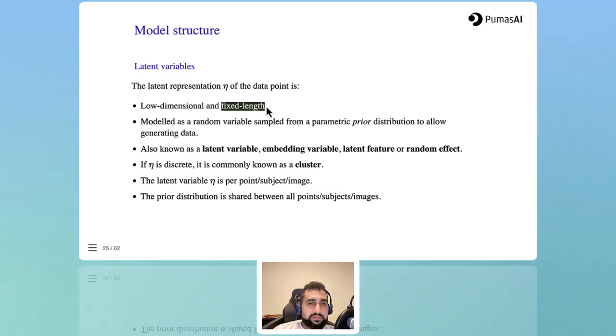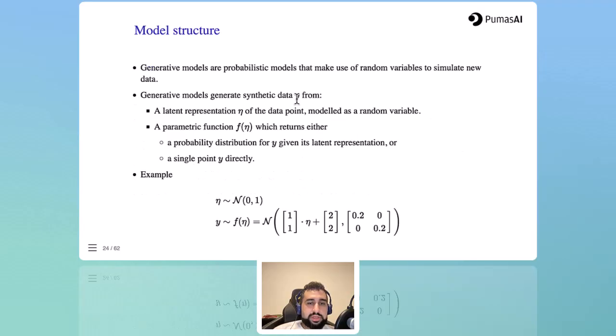And it's fixed length. Now, this is a very important point because, as we said before, our data can be heterogeneous. So technically, I could have a different number of points for subject 1 versus subject 2 versus subject 3. The idea is that eta should, regardless of what the dimensionality of y is, have the same dimension across all subjects.